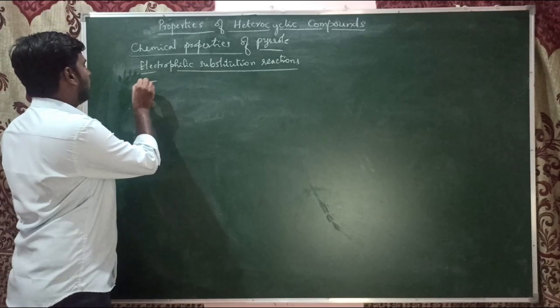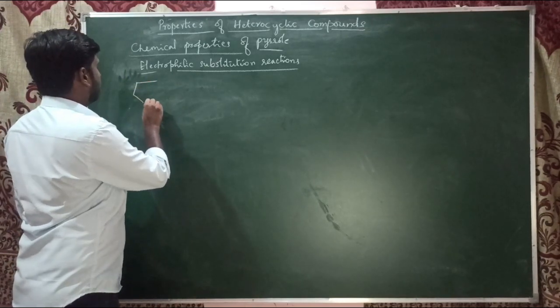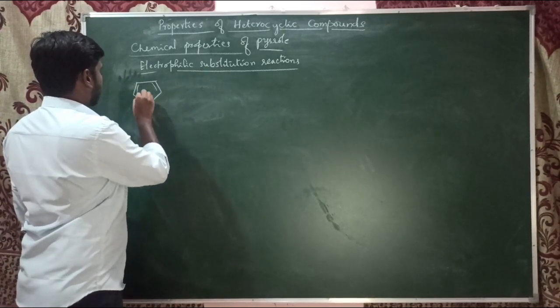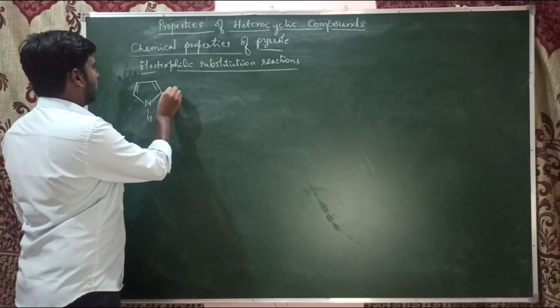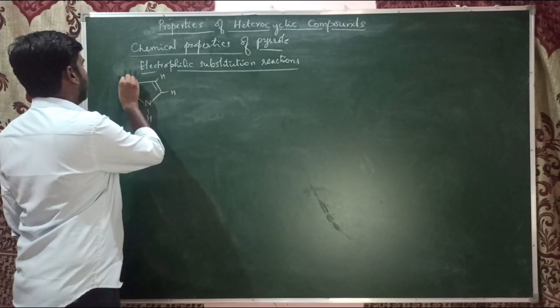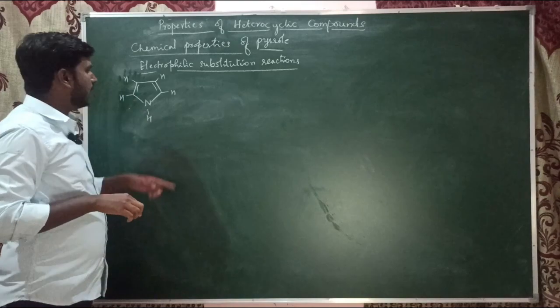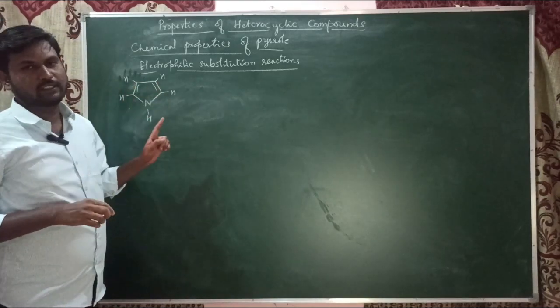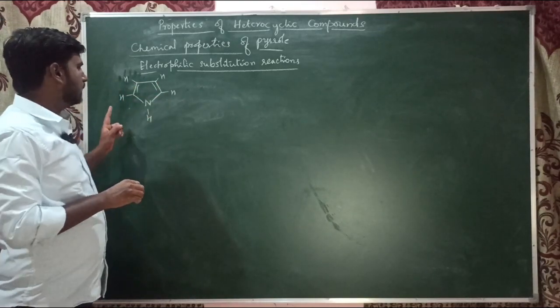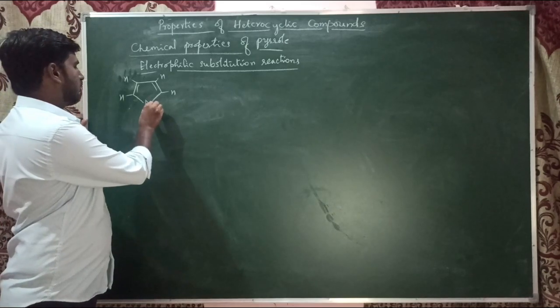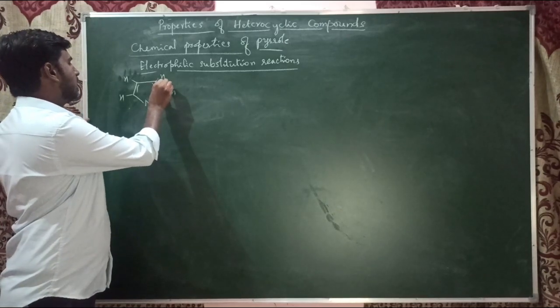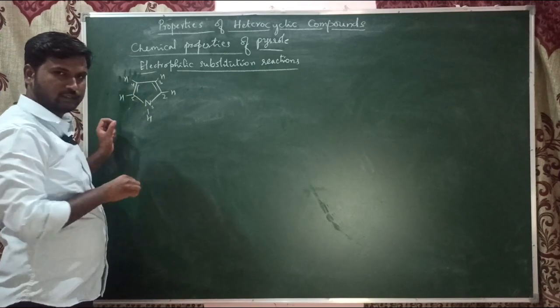So if you see pyrrole, here you could see the hydrogen atoms. These hydrogens have to be replaced with the electrophile. Consider this as position 1, 2nd, 3rd, 4th, 5th.